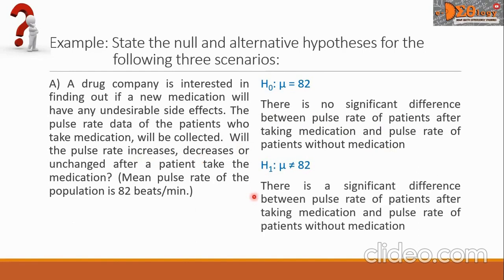In words, we can write there is a significant difference between pulse rate of patients after taking medication and pulse rate of patients without medication. Take note that this not equal sign in the alternative hypothesis denotes a two-tailed test.